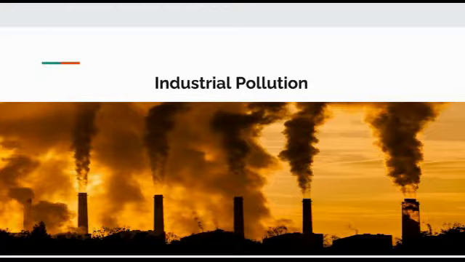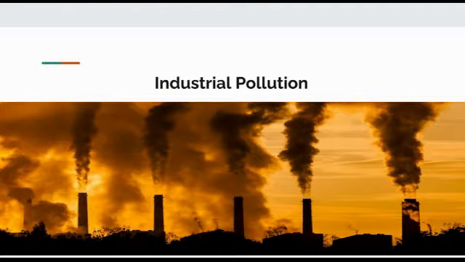Many industries have started in our country, and not only in our country, in all the world. So automatically, along with these industries, pollution is also increasing. Which are the types of pollution due to industries?